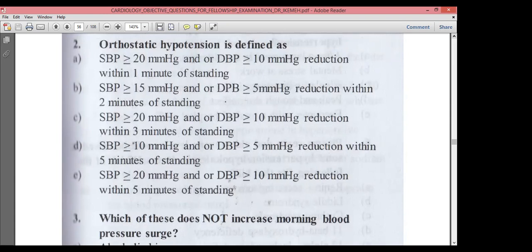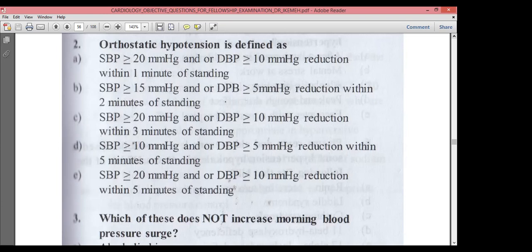B, systolic blood pressure more than or equal to 15 millimeter of mercury and or diastolic blood pressure more than or equal to 5 millimeter of mercury reduction within 2 minutes of standing. C, systolic blood pressure more than or equal to 20 millimeter of mercury and or diastolic blood pressure more than or equal to 10 millimeter of mercury reduction within 3 minutes of standing.